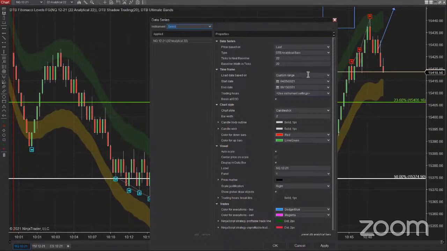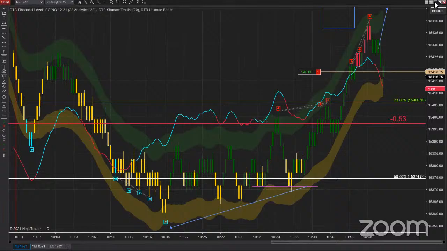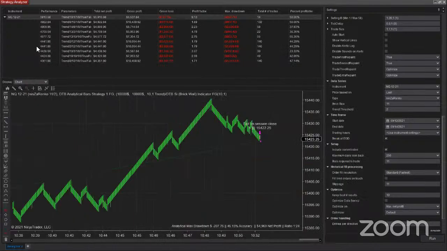That's okay, but even if you just load up 1 day or whatever, it's going to show you those levels. So work on that, and you should be good.